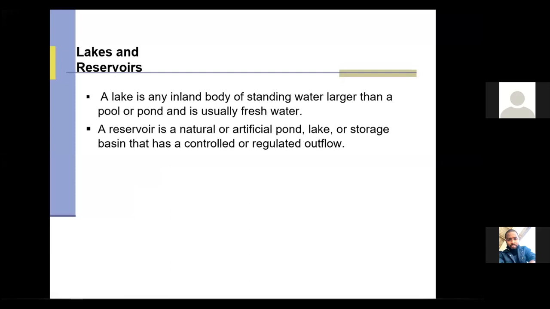Where I use the word reservoir, it's a natural or artificial pond, right? It's sometimes where we store water just before we treat it. Usually the best definition is that it's controlled or regulated, with some sort of inlet. It's usually termed a reservoir.